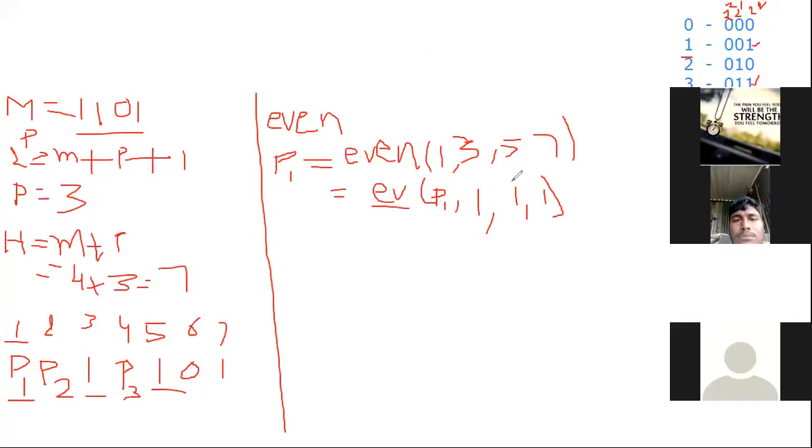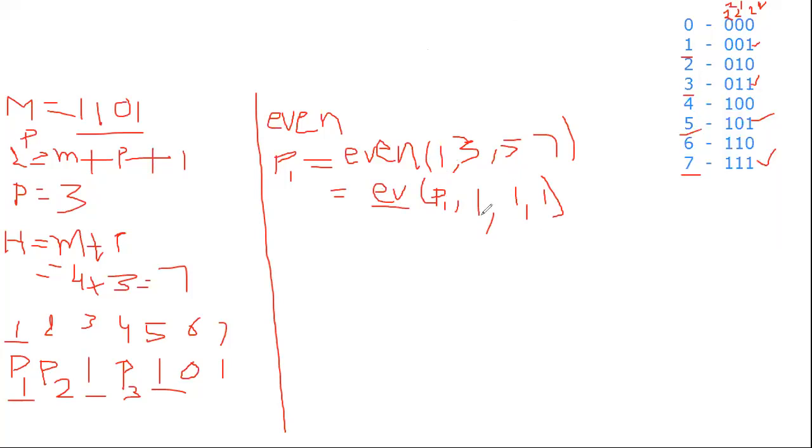Count how many ones are here: 1, 2, 3. Only 3 ones are there. So by taking P1 equal to 1, only then does this become even parity. That's why here we are taking P1 equal to 1. Okay? Do you understand? By taking P1 equal to 1, these have 4 ones, which becomes even parity. Okay, next, take P2.